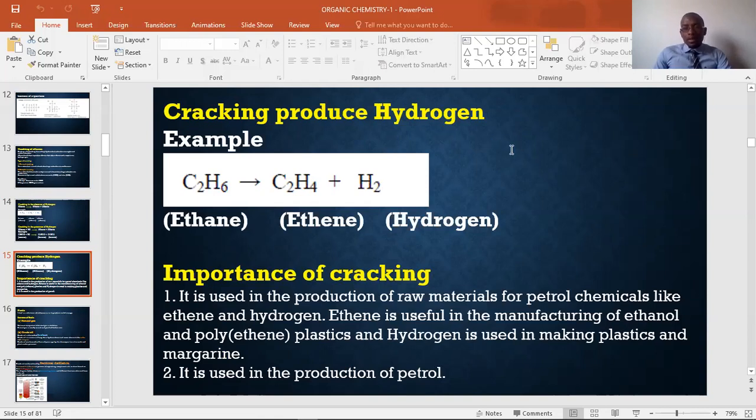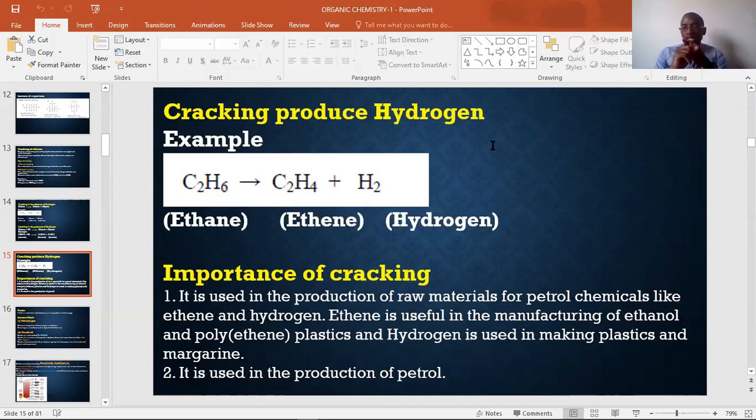So basically that's what I had for you for today's session. Remember, cracking is a process of breaking down a large molecule into smaller molecules. We have two types, thermal and catalytic. Thermal, we use heat. Catalytic, we use a catalyst, such as aluminium oxide and silica or silicon 4 oxide. Then we have cracking in the presence of hydrogen, where an alkane and alkane is produced.